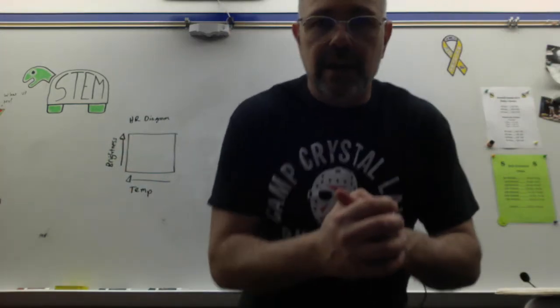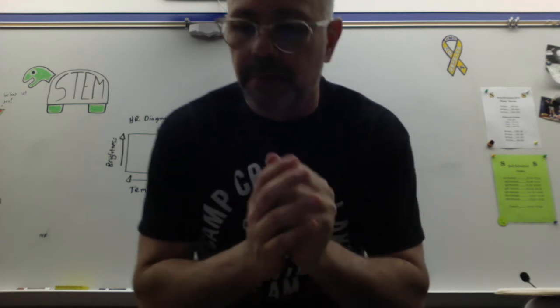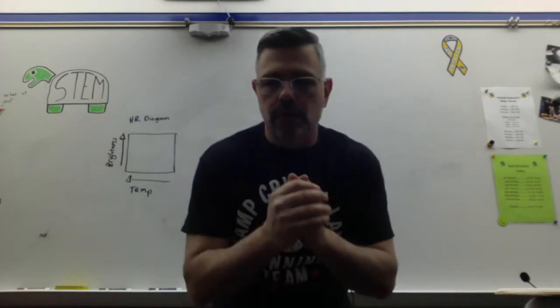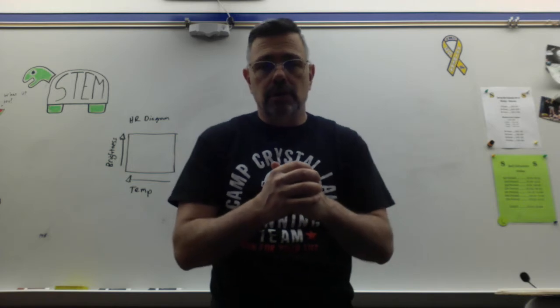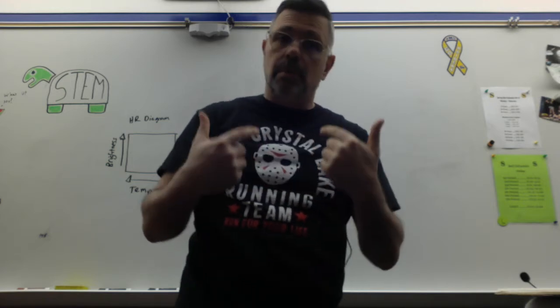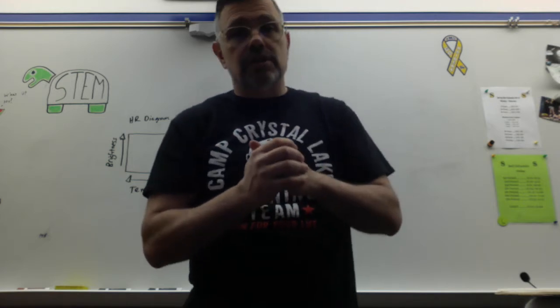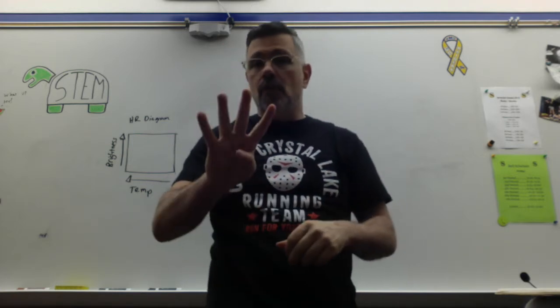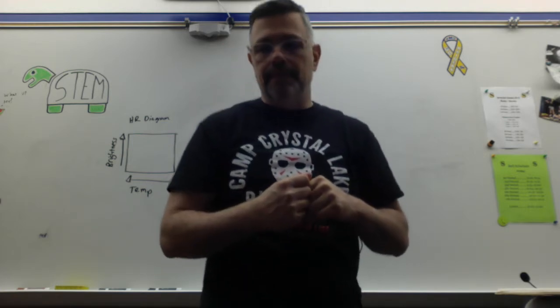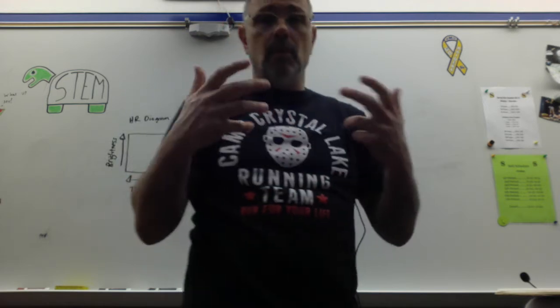So let's dive in and start looking at some of this information. First thing that I wanted to go over is that the sun is the closest star to our planet Earth, and the next closest star is Proxima Centauri, about 4.3 light years away. And what's a light year?